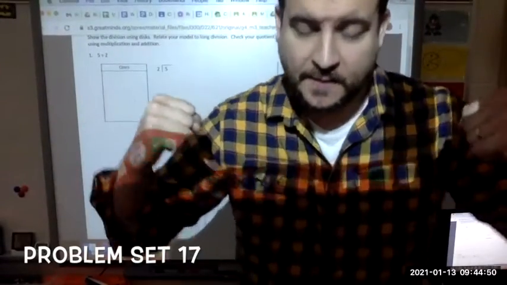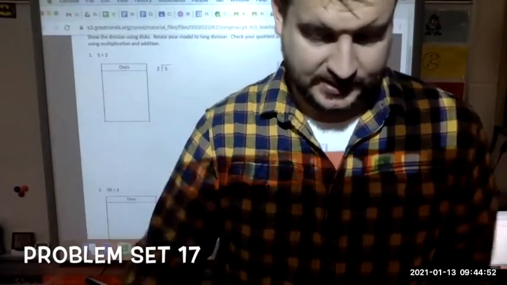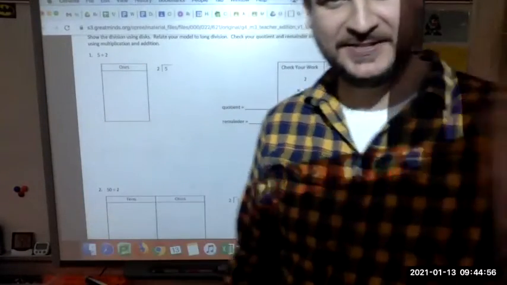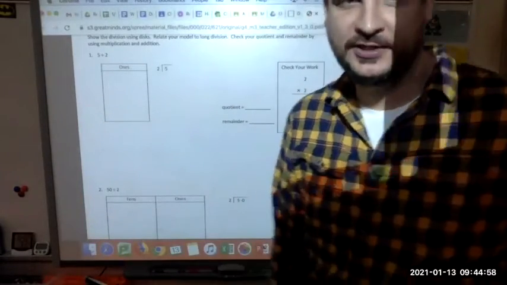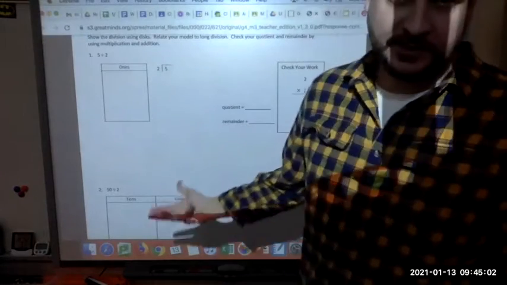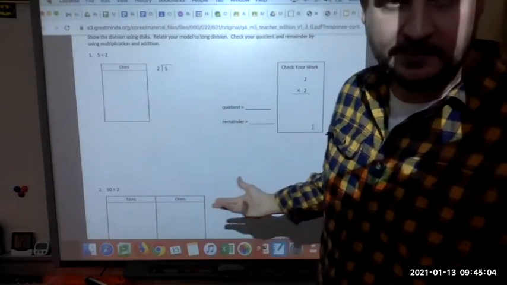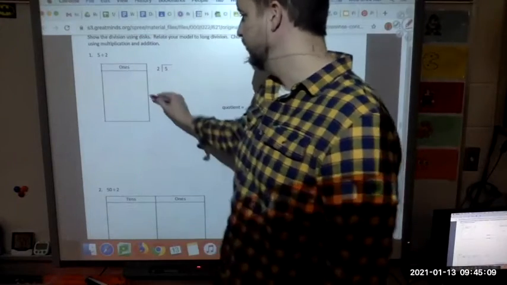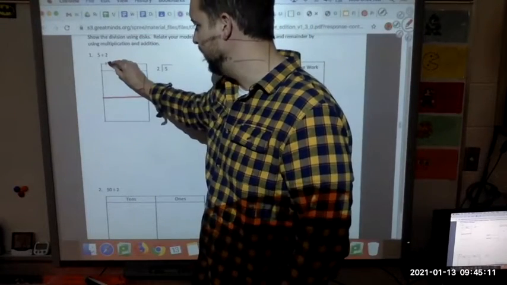Who's ready for problem set 17? Yeehaw! Oh, man, me too. So we're looking at this one right here. Starting off pretty easy. This is 5 divided by 2 groups. So cut it into 2 groups. You have 5 total.